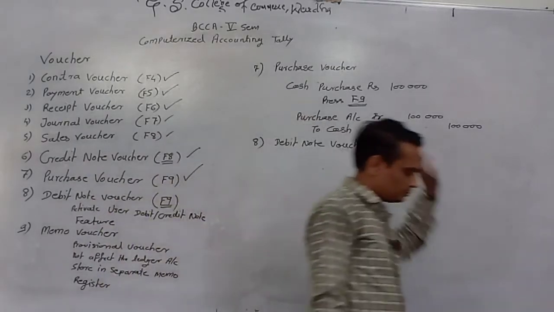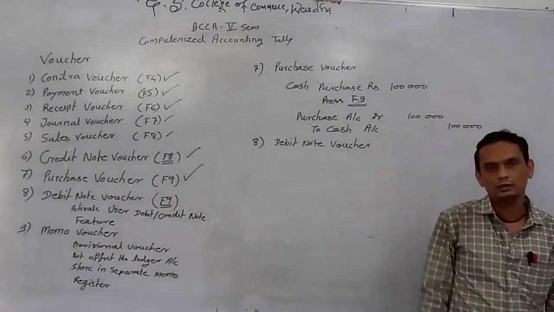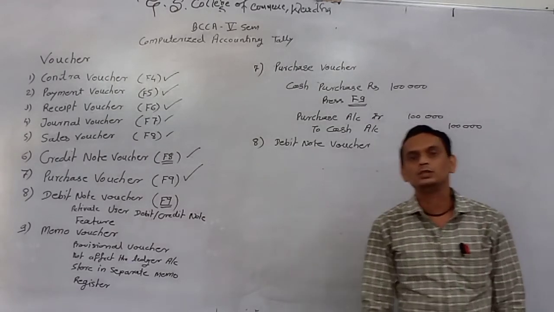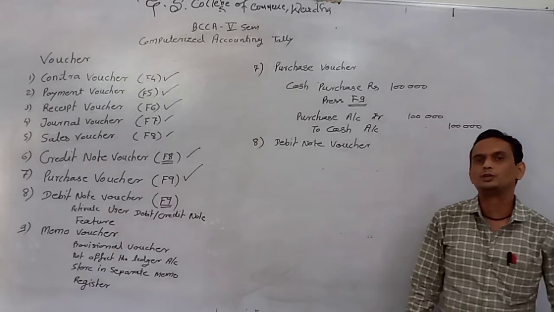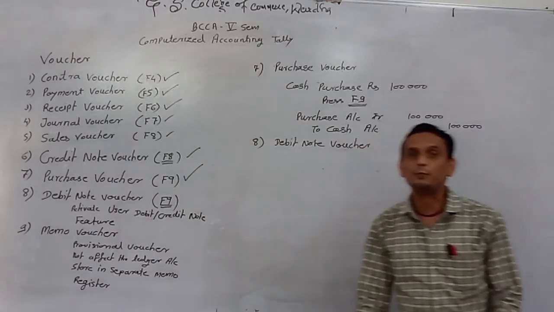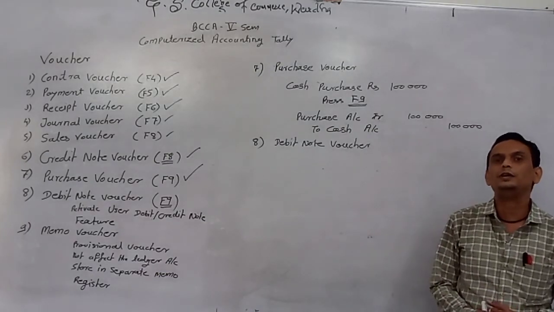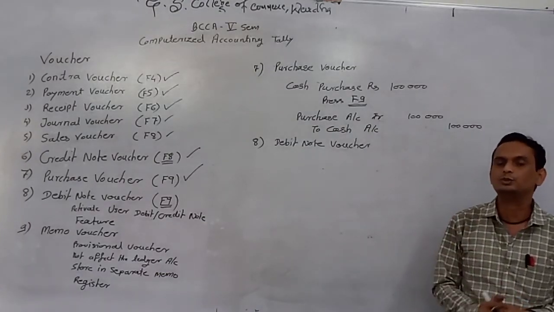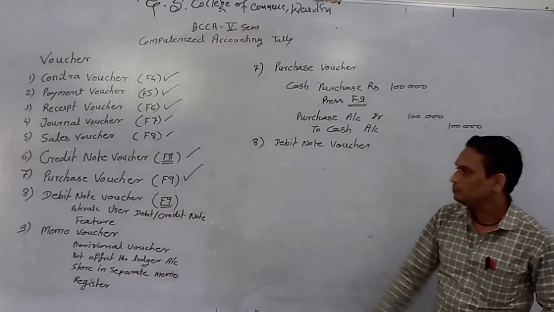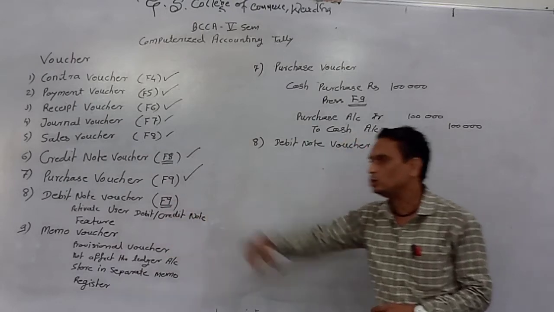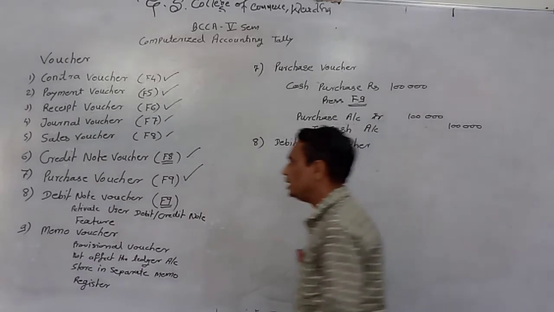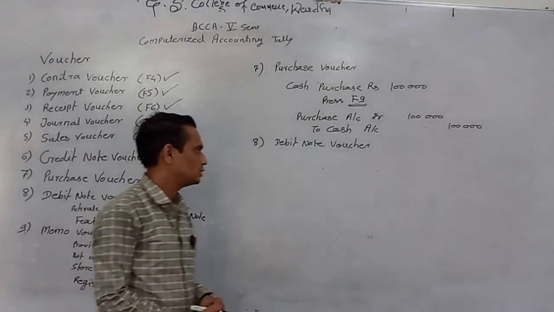So just like a sales return, there should be a purchase return also in a business. When we purchase materials, assets or products from suppliers, some product can be returned to that supplier due to damage or any other reason. At that time we should make the debit note voucher entry under the voucher screen.